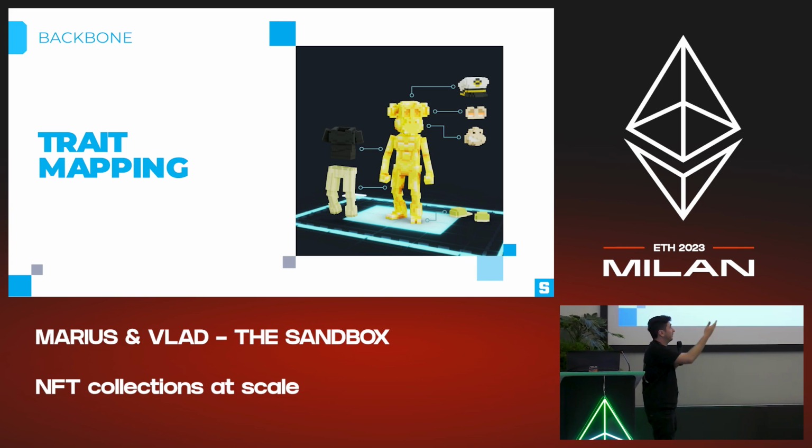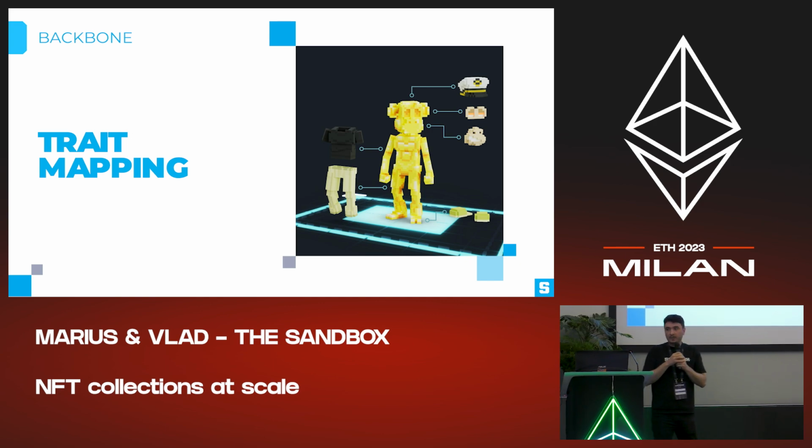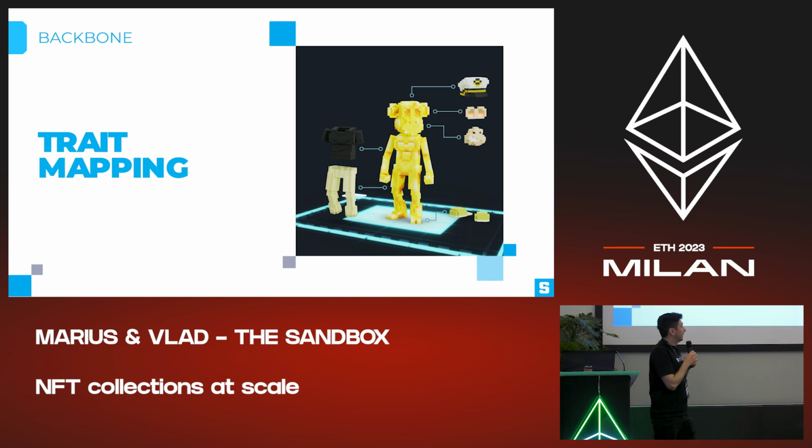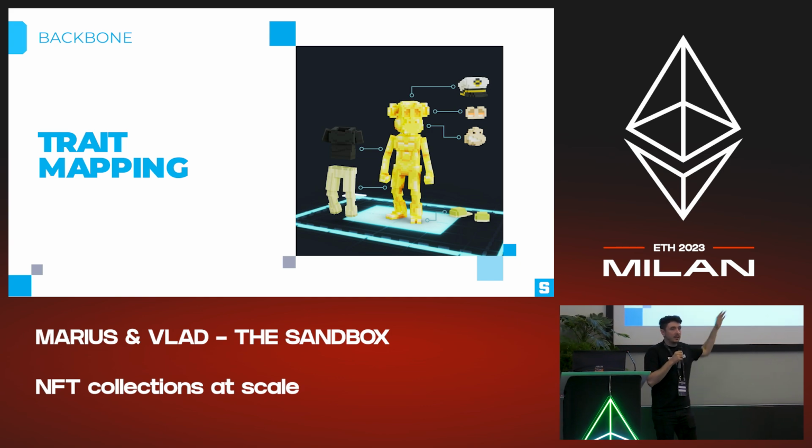In this example, you're going to see a golden bored ape. To make this golden bored ape, you need to define a trait, let's call it skin, with a value golden. And you need somehow to map this trait to all the nodes that are affected by it. In this case, if it's a skin, it means that every single node from the avatar is affected by the changes. More so, you also need to define a layering system on top of it.